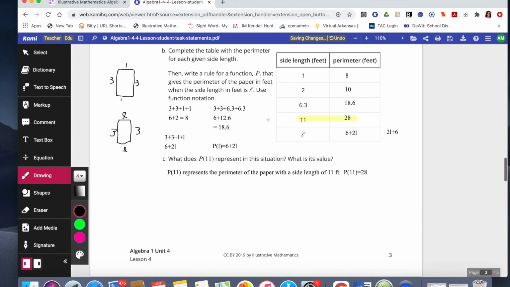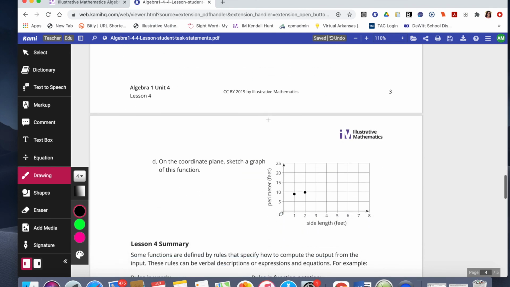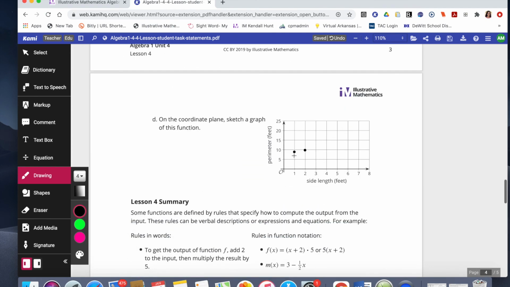When our side length is 3, it doesn't show us that in the table anymore. But look at the pattern. It started at 8, goes up to 10. Then this would be 12. Then when our side length is 4, this would be 14. When our side length is 5, this would be 16. When our side length is 6, this would be 18.